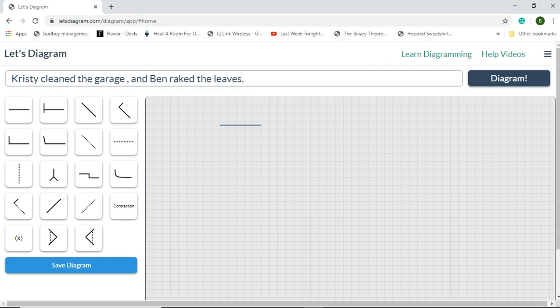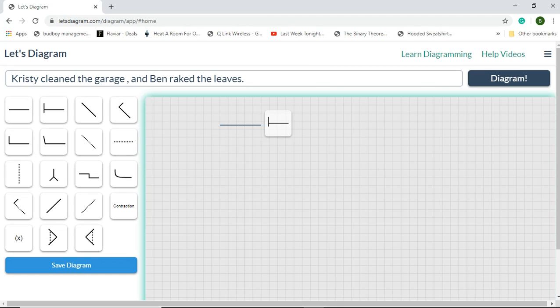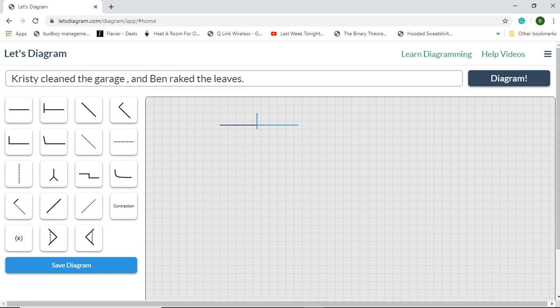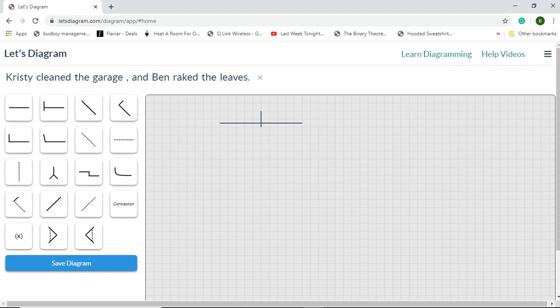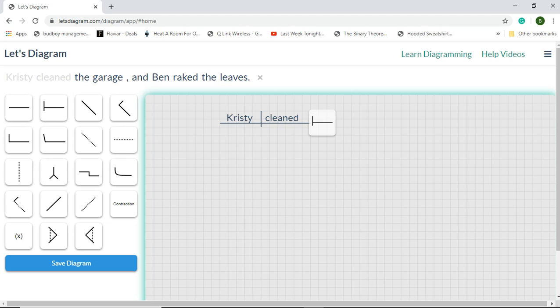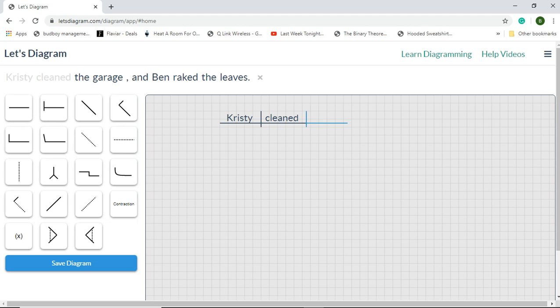So we find the subject of the first clause and the verb in the first clause. Christy is our subject. Cleaned is our verb. It's a transitive active verb that transfers to garage, so we have to add on a direct object.